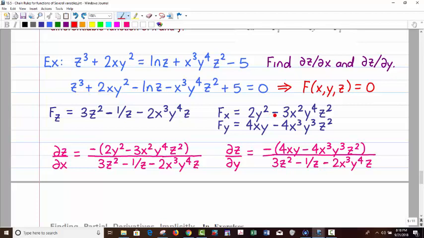So it'll be 2y squared minus 3x squared y fourth z squared. That's your fx. And then fy would be, no y here. Bring down the 2, makes that 4xy. No y here. The derivative of y to the fourth would be 4y cubed with a minus in front. So you have 4xy minus 4x cubed y cubed z squared.